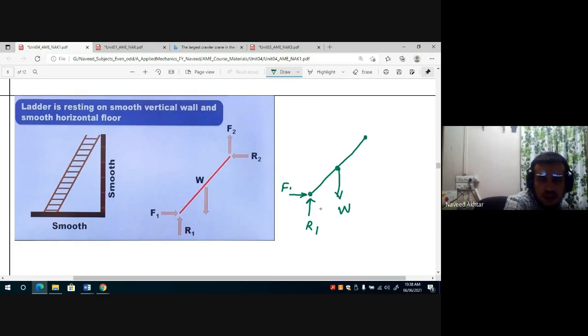At the wall there is also a reaction from the wall, R2, and the friction from the wall, F2.